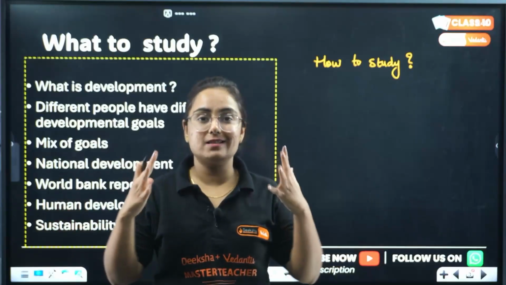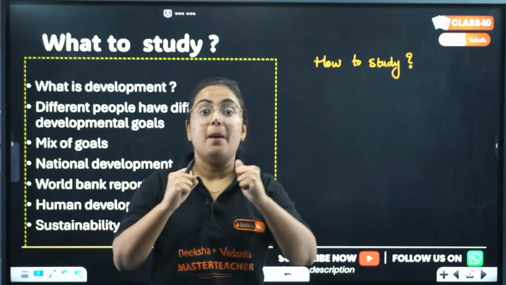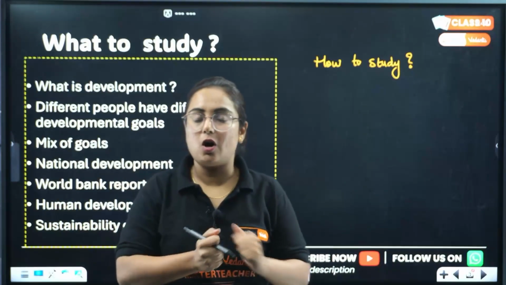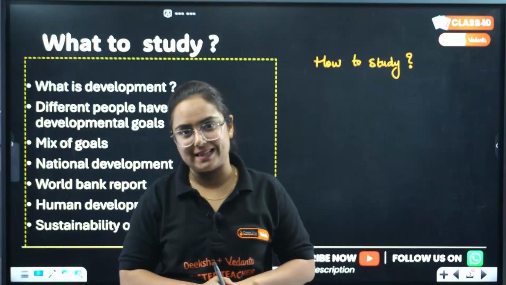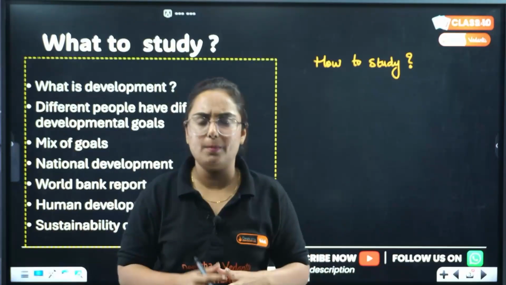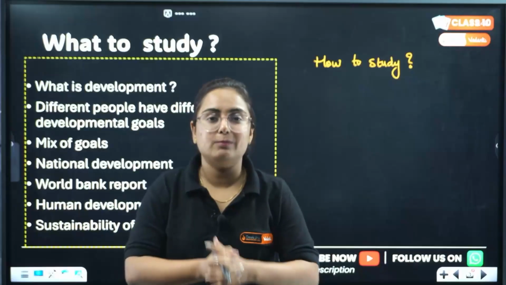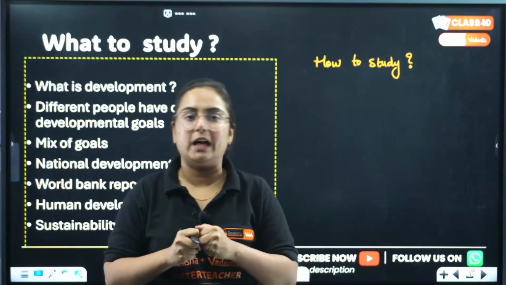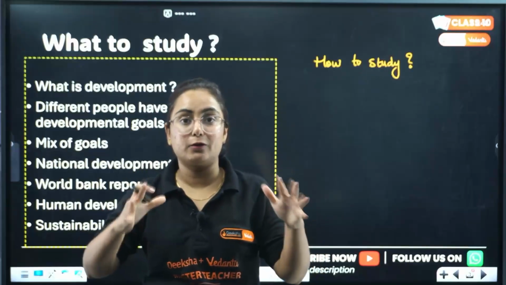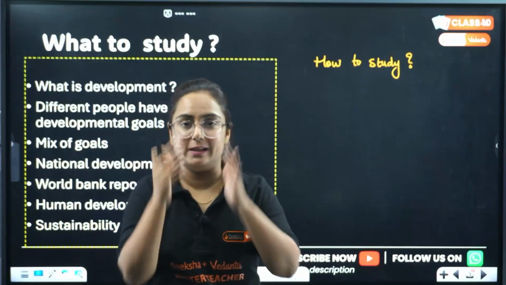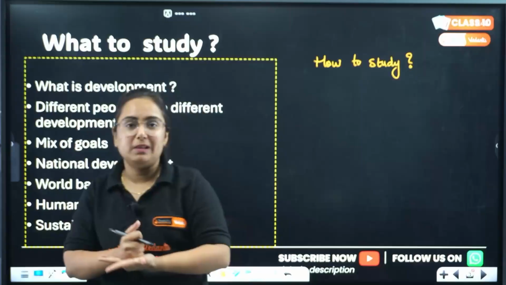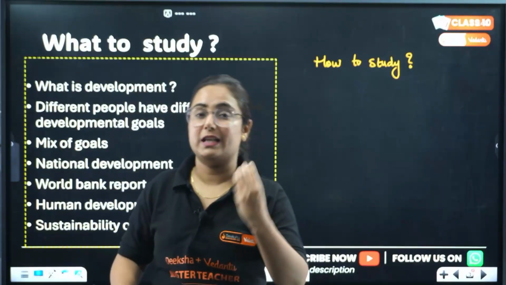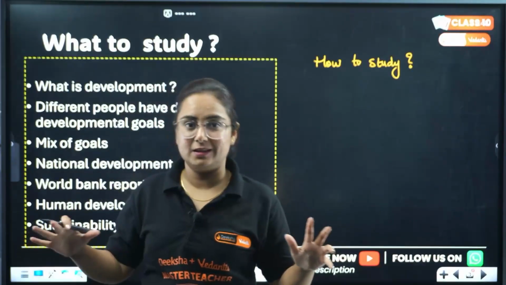But you know that SST is the only subject which can maintain your percentage or boost your percentage in the final exam, right? We are talking about final exams from now. I'm not here to scare you, but I want to tell you, beta, take SST seriously from day one. And by seriously, what I mean is study a little every day, but every day. So be consistent about it.